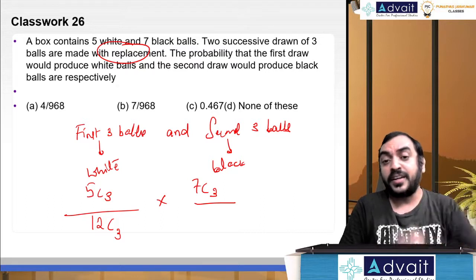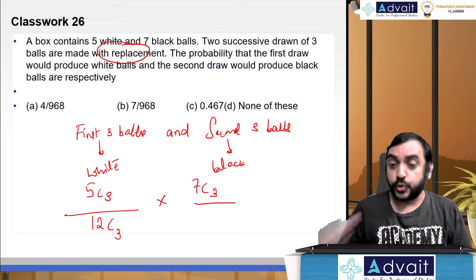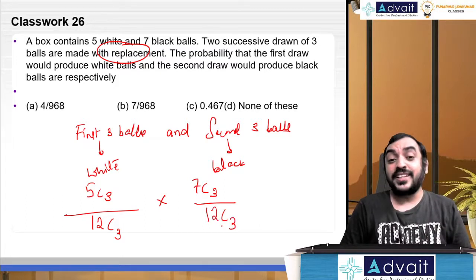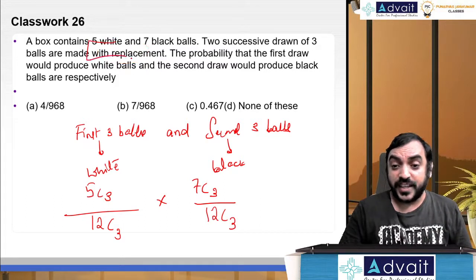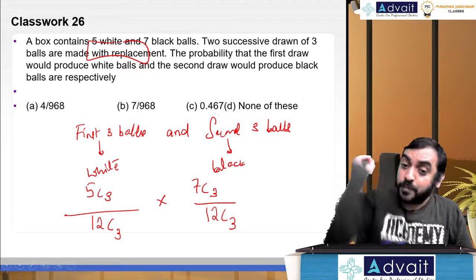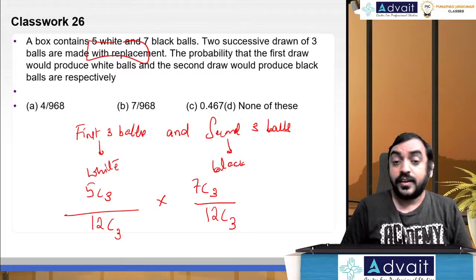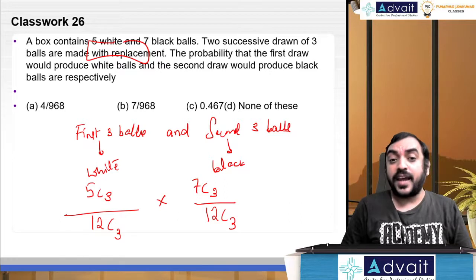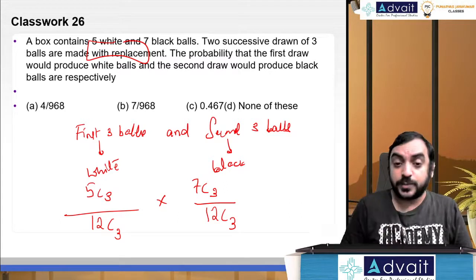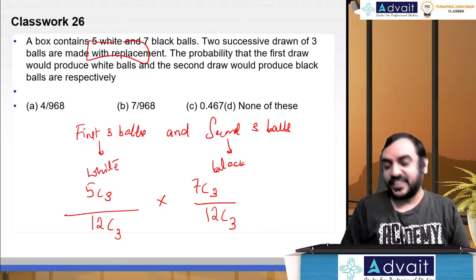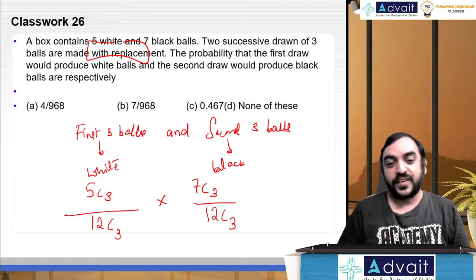So remaining will be 9. It should still be 12C3 only. Why should it still be 12C3? Because it is with replacement. I have put the 3 balls back. Had it been without replacement, then you could have said 9C3. I hope you are able to understand.